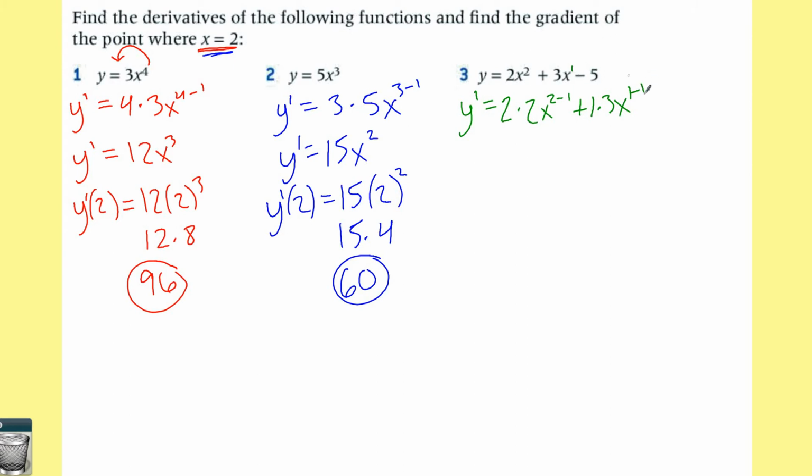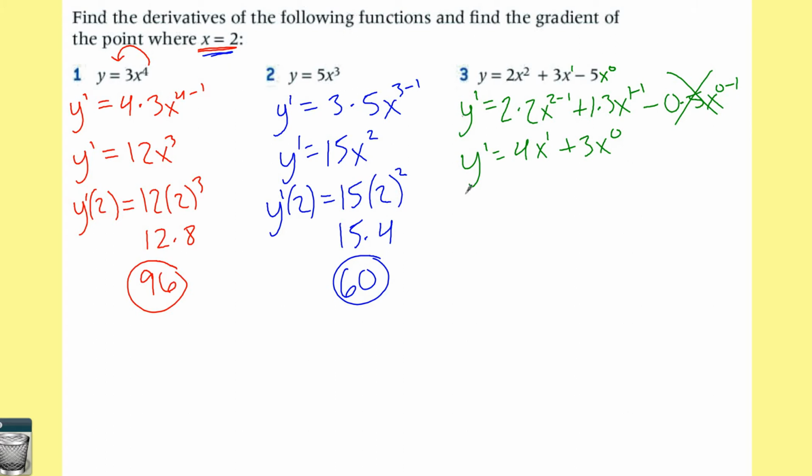And for the negative 5, we're going to treat that as negative 5 times x to the 0, so it would be 0 times 5x to the 0 minus 1. I know that was a lot, even though we just know we're going to multiply by 0, so this part just goes away. The derivative of a constant, a number, is just 0. So here we get 4x to the first plus 3x to the 0.